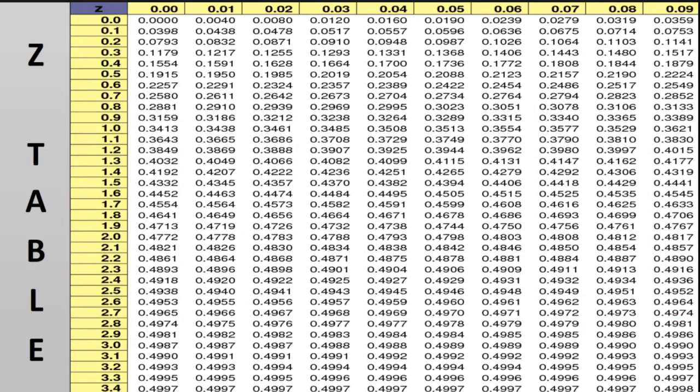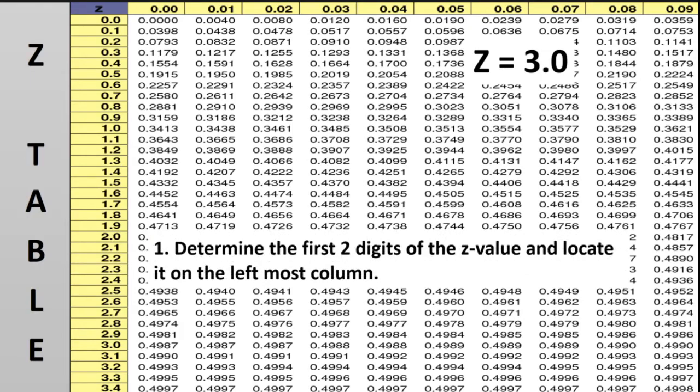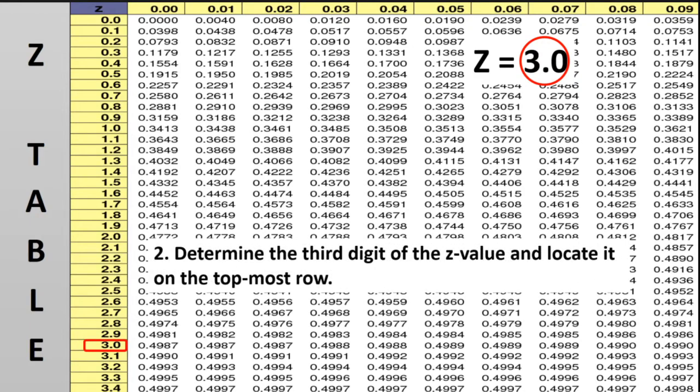Our given z-value now is 3.0. The first two digits are 3 and 0, and it's located here. Though we don't have a visible third digit on the given, remember that it will be 0. So it is right here.